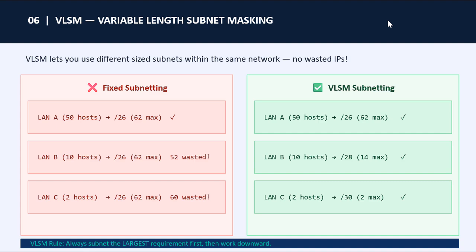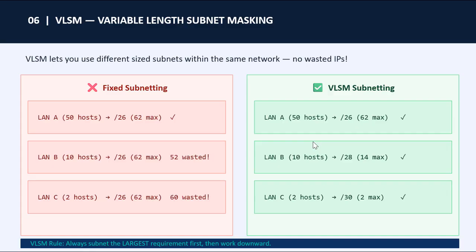Now let's talk about something you'll encounter in the real world and definitely in CCNA questions. VLSM, variable length subnet masking. The problem with what we just did, dividing a /24 into 4 equal /26 subnets, is that all 4 subnets are the same size, but in real networks, different segments need different numbers of hosts. Look at the comparison on screen.